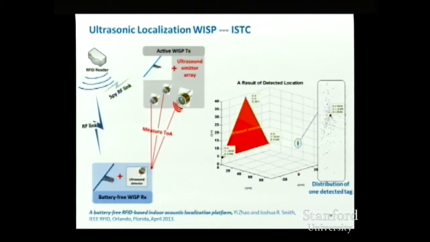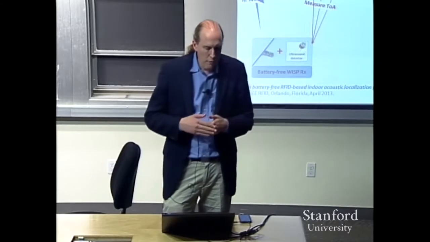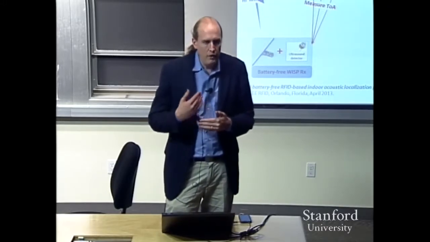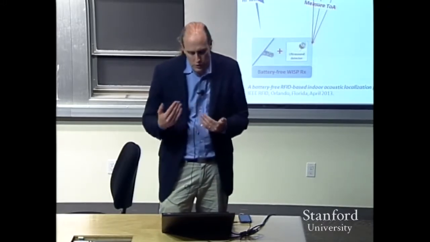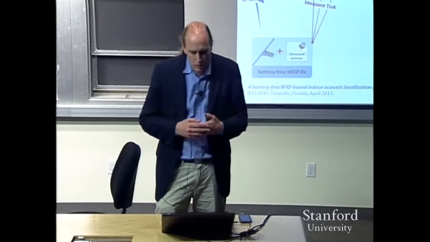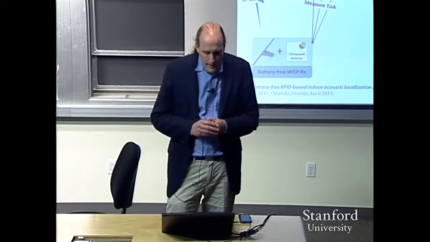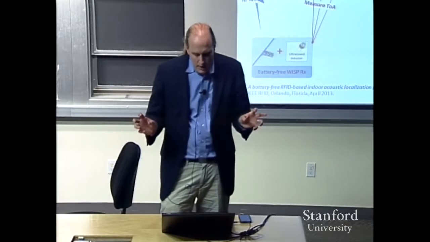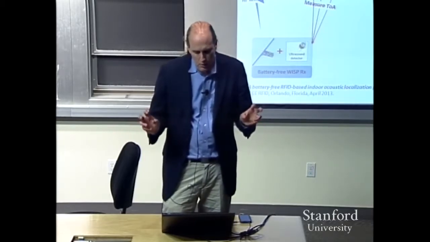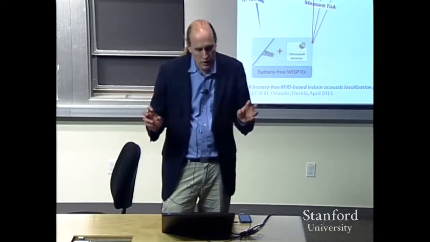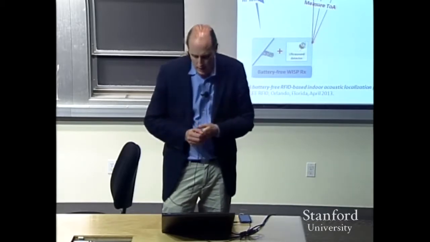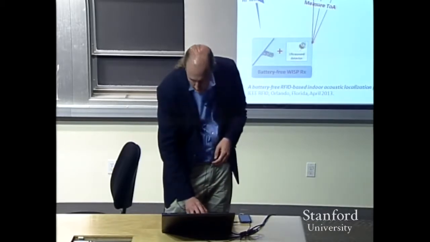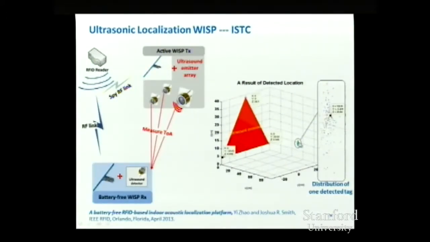But it takes a long time for the ultrasound to get there, because RF propagates at 1 nanosecond per foot, whereas acoustic signals propagate at 1 millisecond per foot. So each tag waits for the ultrasound pulse to come in, measures when the ultrasound arrives, and then transmits that data back to the reader using backscatter, and then the reader can localize the tags that way.